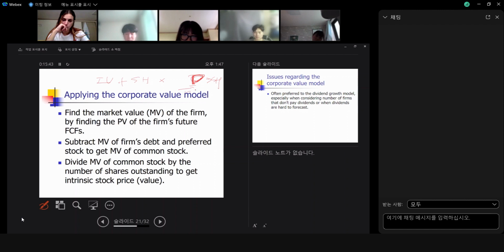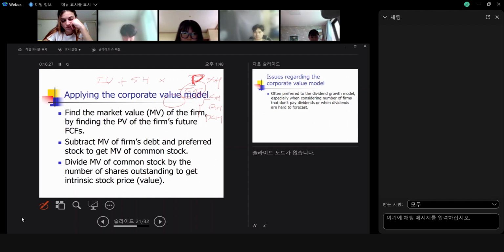But free cash flow is related not only to shareholders, but also bondholders and preferred stockholders. There are three entities related to the free cash flow. So by using free cash flow, we can calculate the value of the entire firm, not the value of just the stockholder, as in the dividend discount model. The object to calculate is different in the dividend discount model and the corporate valuation model.